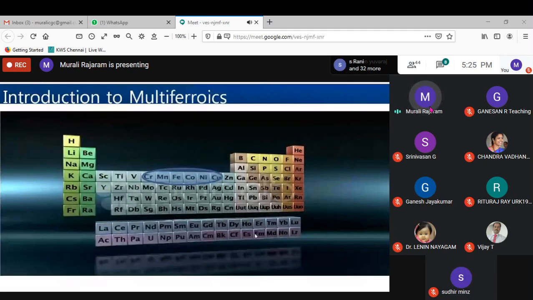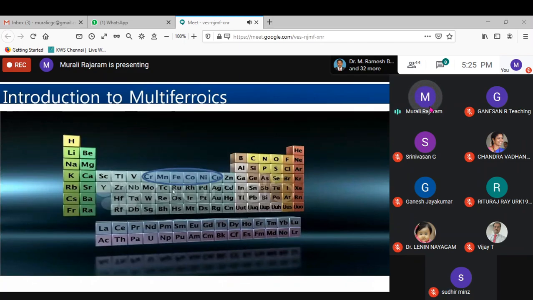As I said, having ferroelectric and ferromagnetic properties together in a material is very difficult. In the periodic table, we all know that ferromagnetism comes mostly from this group of elements: manganese, copper, cobalt and nickel. The ferroelectric property comes from titanium, niobium, tantalum and this group of materials.